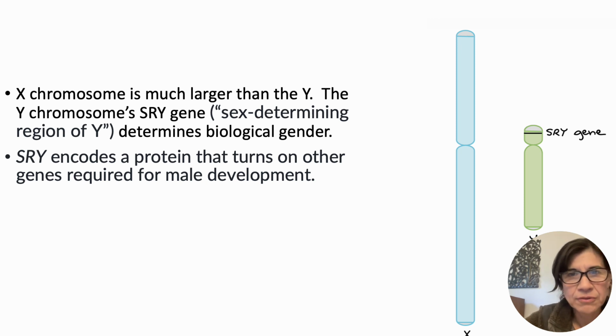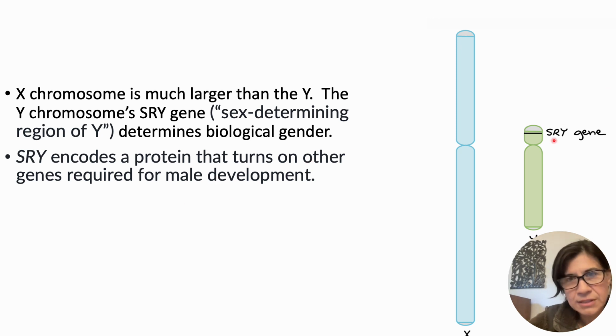Now I'm showing you that the Y chromosome has a gene called the SRY gene, which stands for sex determining region of the Y chromosome. This is the gene that determines biological gender. The SRY encodes a protein that turns on the genes required for male development.